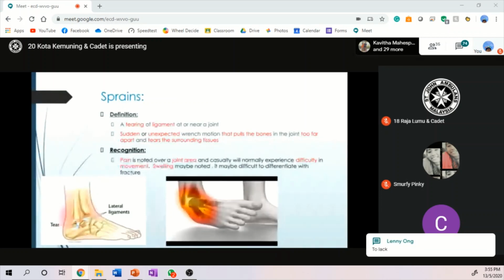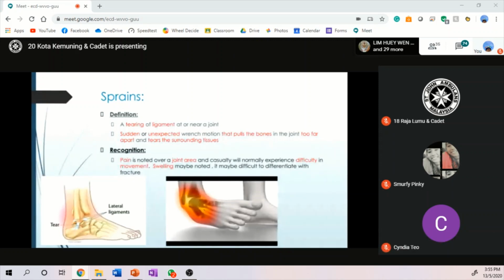There are ligaments near our joint that allow us to turn around like that. Then a suddenly unexpected range of motion pulls, like in picture two, and your ligament is stretched and torn.